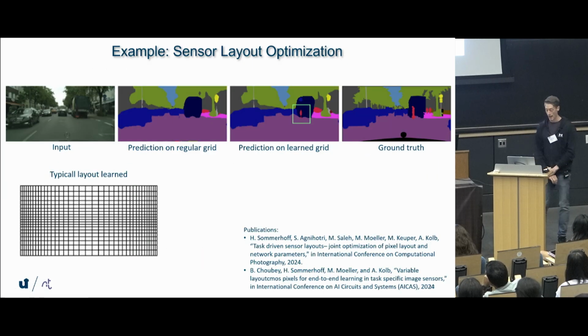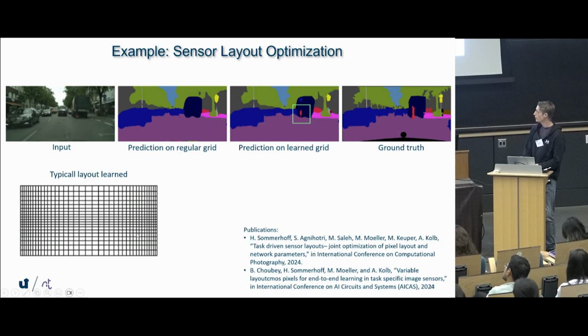And we were happy to demonstrate that quantitatively as well as qualitatively we can gain performance advantages here, specifically at low resolutions, and the typical learned layout reflects what you would think it reflects. So it's important to get fine details vertically in the middle and horizontally towards the sides. And we were, for instance, able to resolve some challenging cases, like a person standing here barely visible behind that truck.